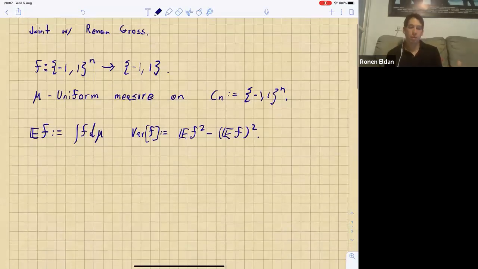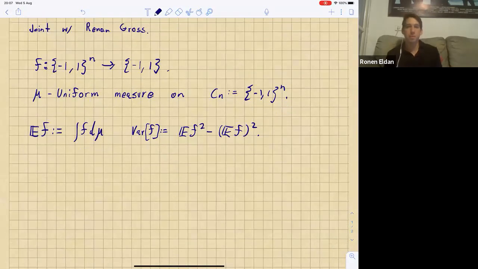How do we measure the local oscillation? For this, the notion we like is the notion of discrete derivatives. We just want to see how big they are.